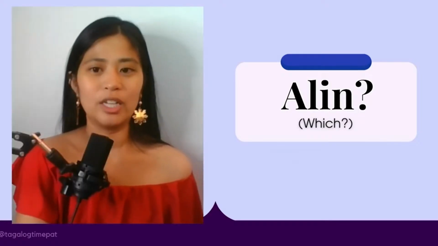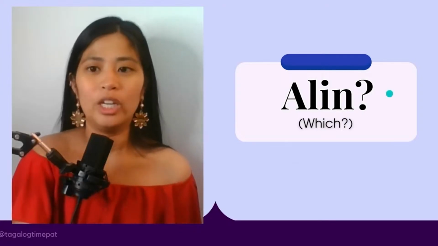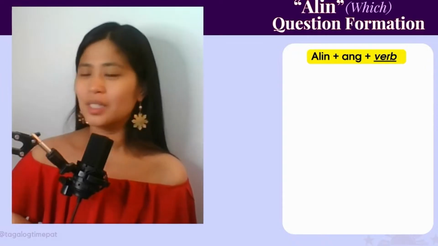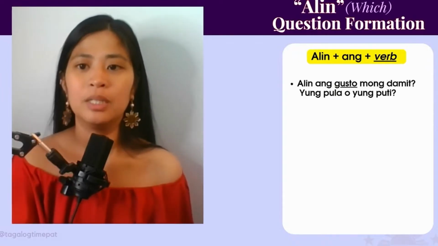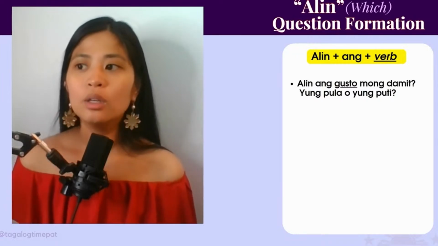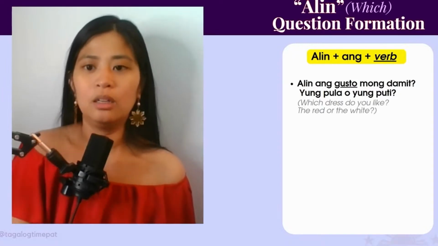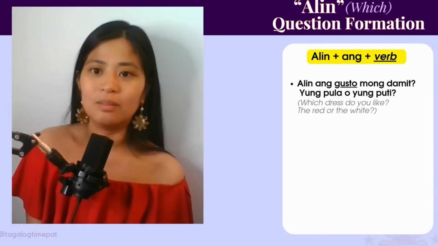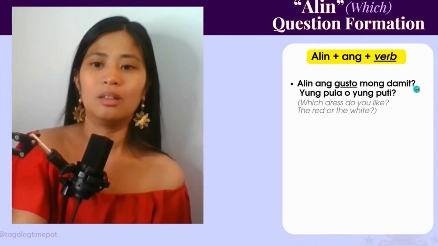This next question word, alin, means which. Alin. So alin ang plus a verb. So alin ang gusto mong damit? Yung pula or yung puti? Which dress do you like? The red or the white? Alin ang gusto mong damit?